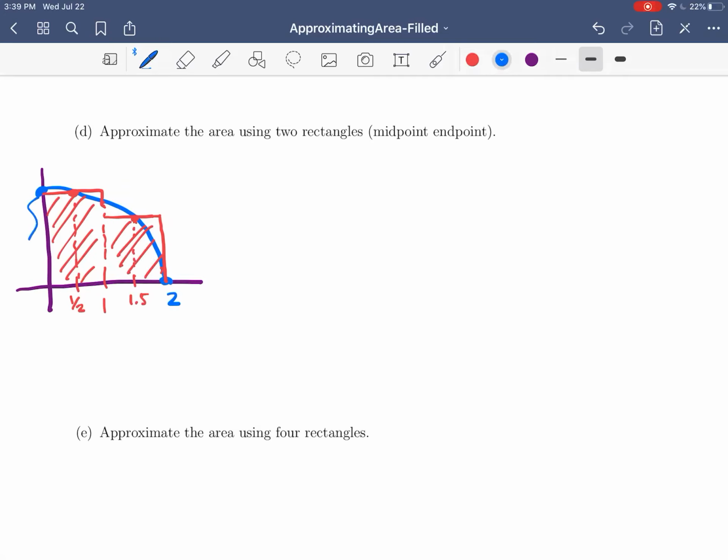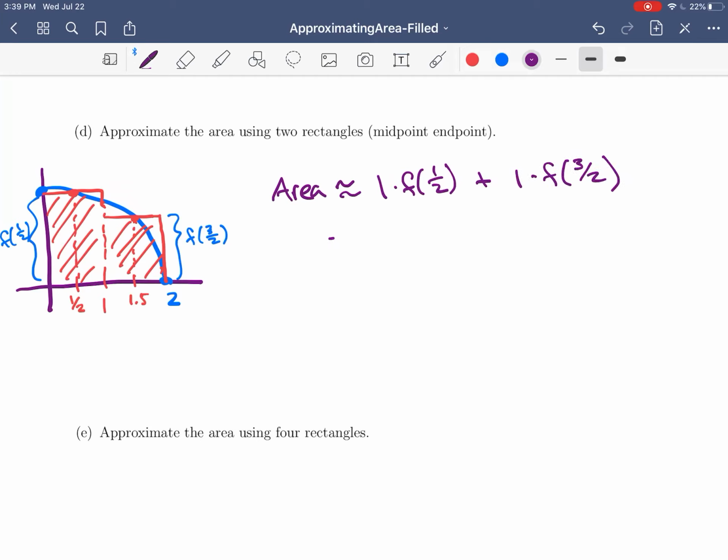Okay, so the height here is going to be f of 1/2. And the height of this one is f of 3/2, or 1.5. So then the area, again, is approximately the width times the height plus the width times the height. So I'm just going to go right to the answer here.